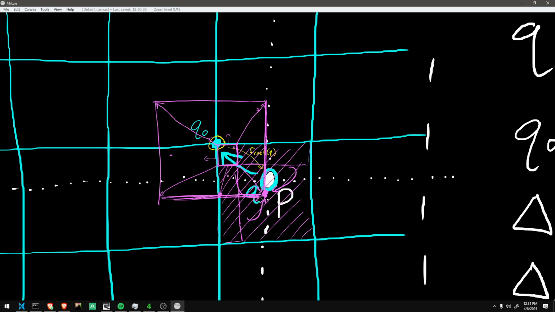And each of those spots represents some amount of blending that we need. So that's the way it works.